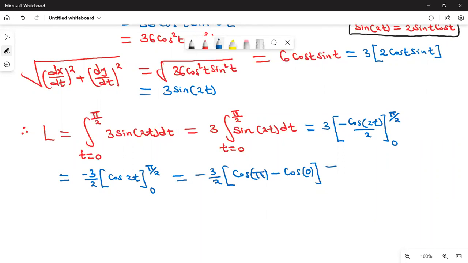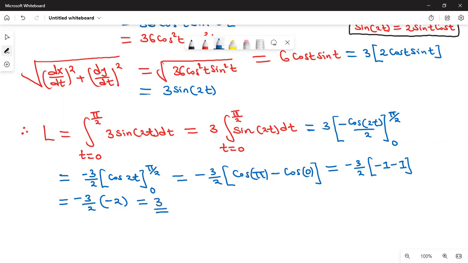So this is equal to negative 3 over 2. Cos pi is negative 1 and cos 0 is 1. So it's like we have negative 2. So we'll have here negative 3 over 2 times negative 2, and so the result there is 3.